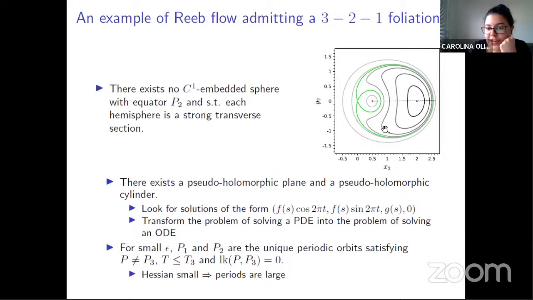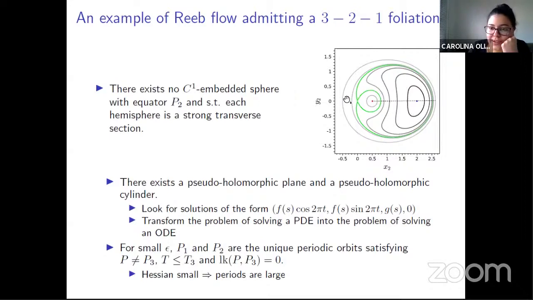And using this, you can prove that all the periods of the orbits in this region are bounded by this stable and unstable manifold. The periods are very large here in this region.